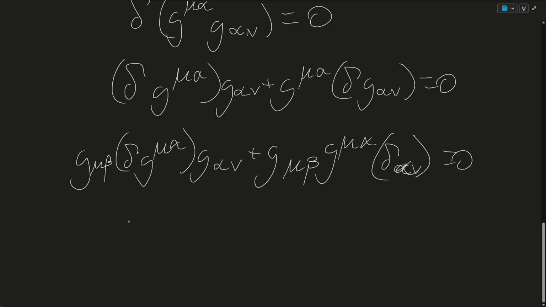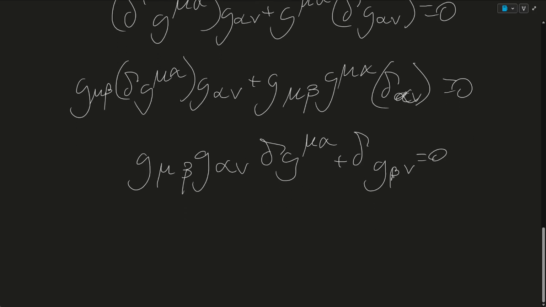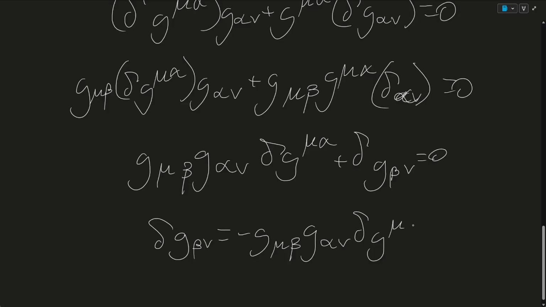So we can say that g mu beta g alpha nu delta g to the mu alpha plus delta g beta nu is equal to 0. And swapping stuff to the other side, delta g beta mu is equal to minus g mu beta g alpha nu delta g to the mu alpha.